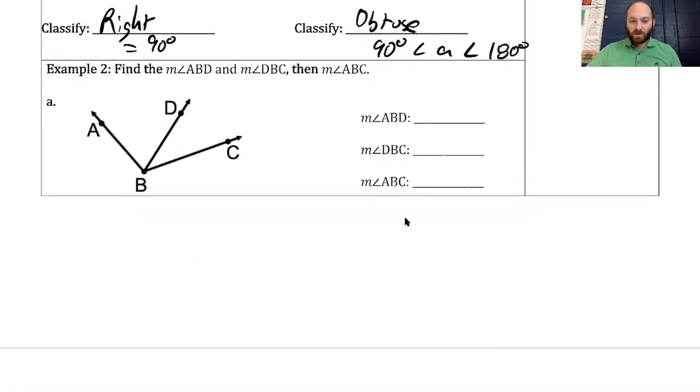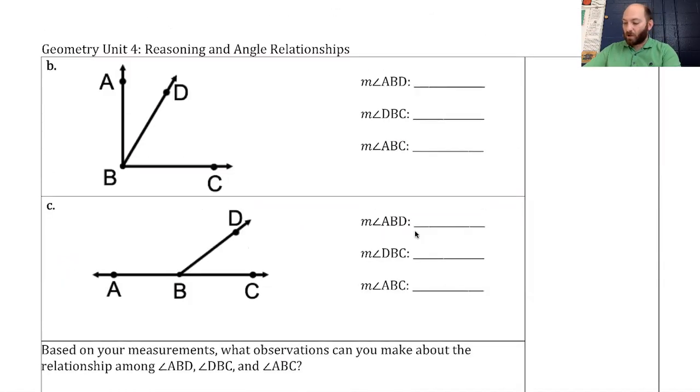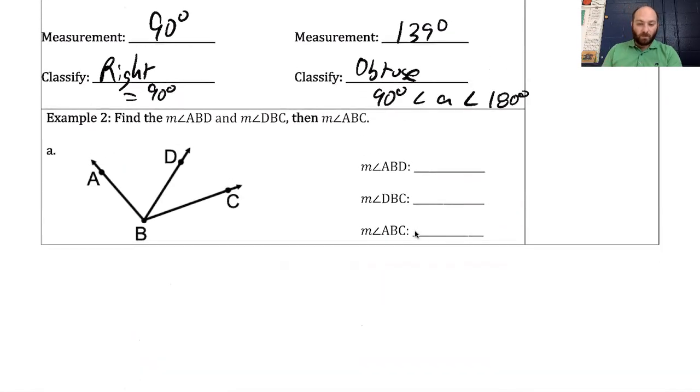For example 2, find the measure of ABD and the measure of DBC, then the measure of ABC. I've got these other two that go along with that. We're doing the same thing in all of them. Again, if you had a protractor, you would measure ABD like this, then measure DBC, and then you would measure, let's do that in red, ABC, the whole thing.